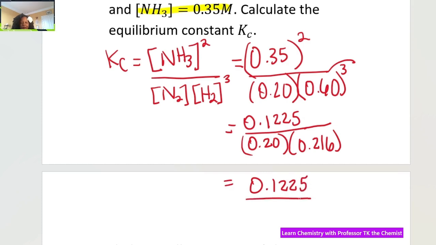You're going to end up with 0.1225 divided by 0.0432. Now, you're going to divide these two numbers, 0.1225 divided by 0.0432. And you get, for your KC, your equilibrium constant, 2.836. Okay?